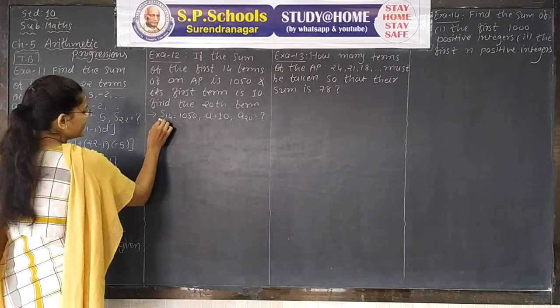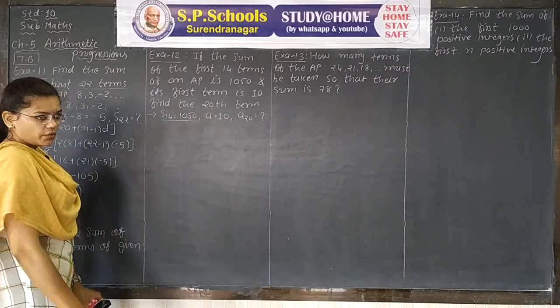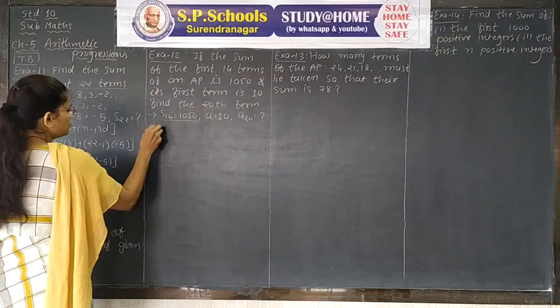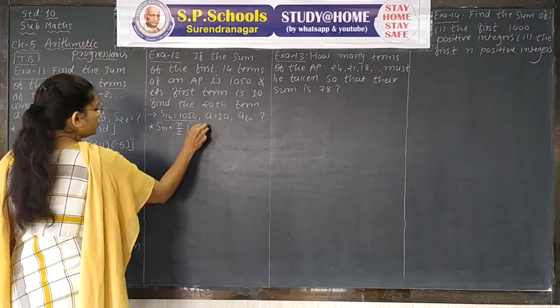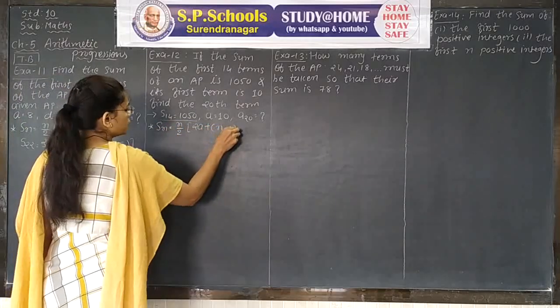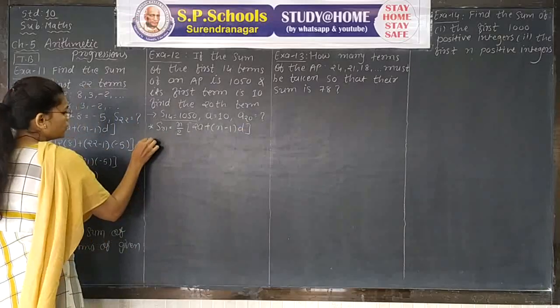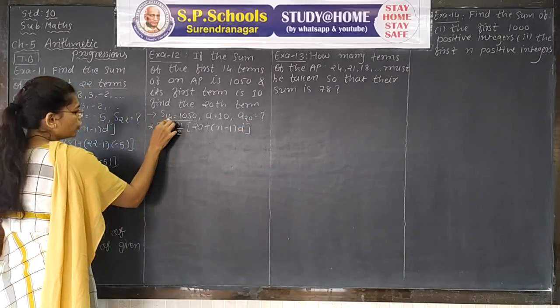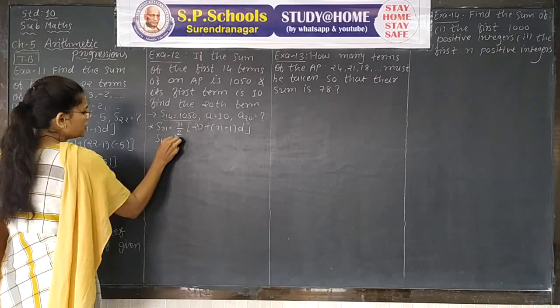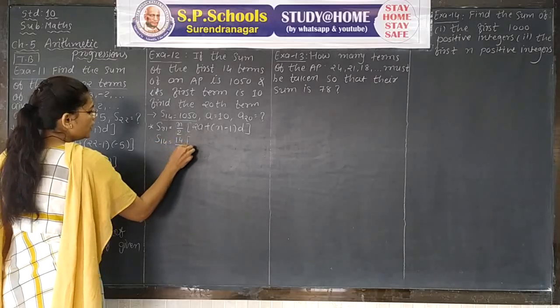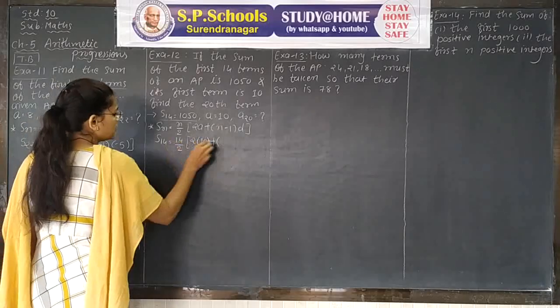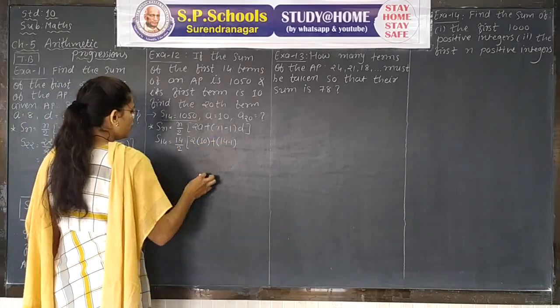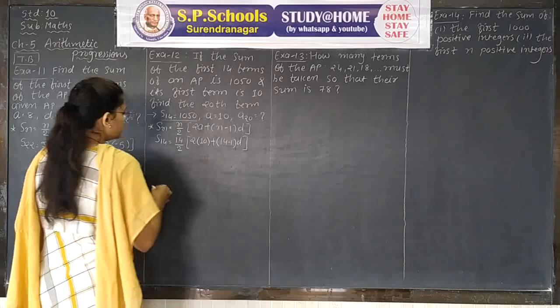First of all, to find d, the sum of 14 terms is given here. So first of all, use the formula to find Sn, n upon 2 into bracket 2a plus n minus 1 into d. Instead of small n, the sum of 14 terms is given as S14 equals 14 upon 2 into bracket 2, a is 10, plus instead of small n, 14 minus 1, and here is the d.